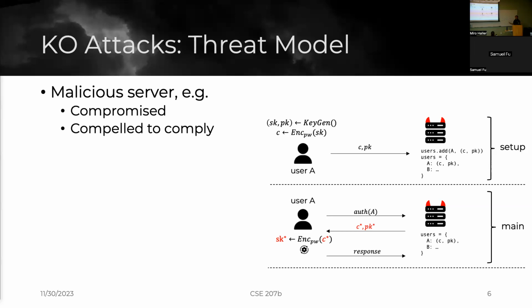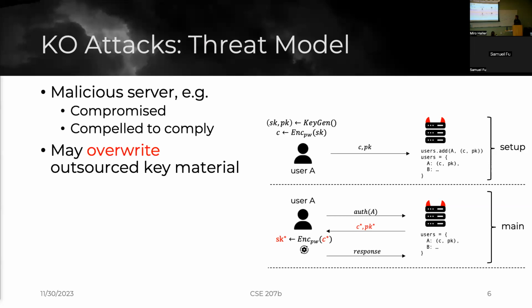So this is the reason why it makes sense that we consider a server to be malicious. But the user might still want to use that service. They might not generally distrust the server, but they want to be protected against the case where the server could be compromised. And so in this attack setting here, the server can overwrite the key material that is stored at the server.